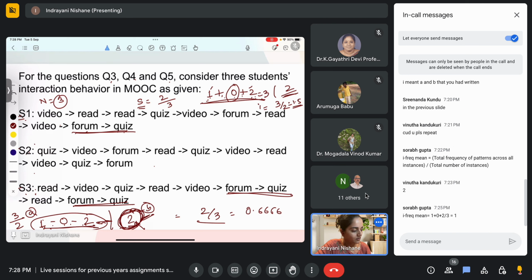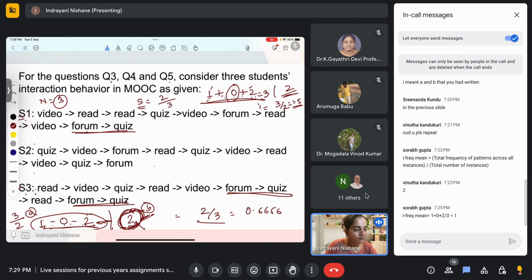Is this clear now? Yeah, so Saurabh, your formula is correct. The total number of instances is 3, the number of times those instances have occurred. But what we divide by is not the total number of instances, it is the total number of students for whom that instance was observed.